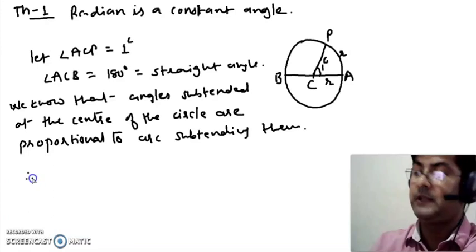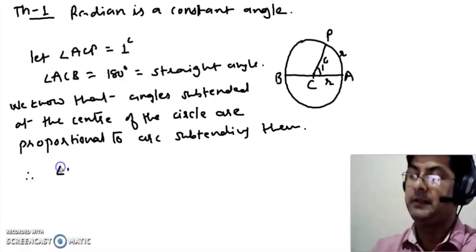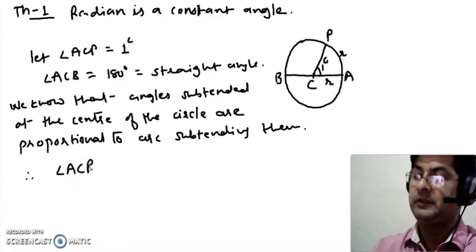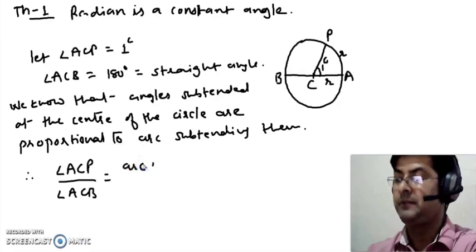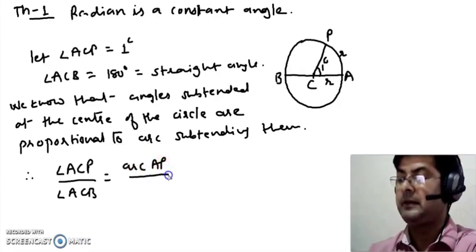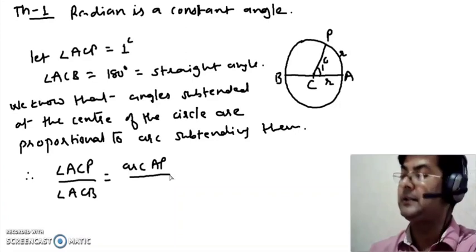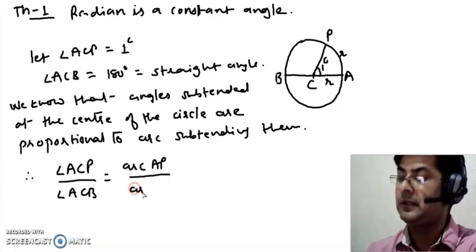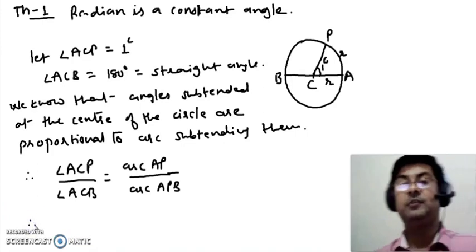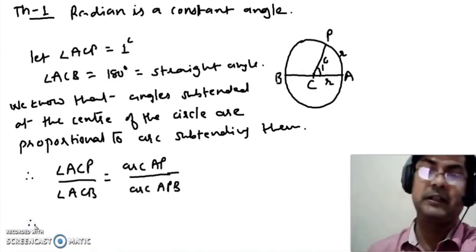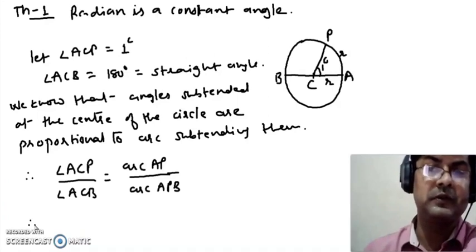And therefore we have here two angles. One is angle ACP and another one is angle ACB, a straight angle. Now ACP is subtended by arc AP and angle ACB is subtended by semicircular arc APB. Clear?